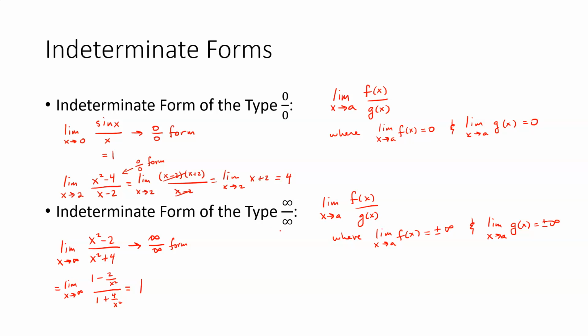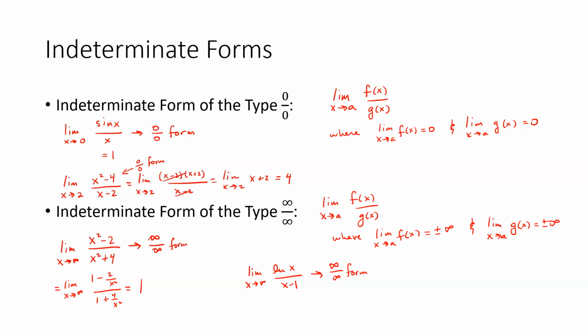We can also think of many other examples. Take for instance the natural log of x over x minus 1, taking the limit as x goes to infinity. Both the numerator and denominator go to infinity. So how would we evaluate this limit? We're going to develop some tools in a moment to help us.